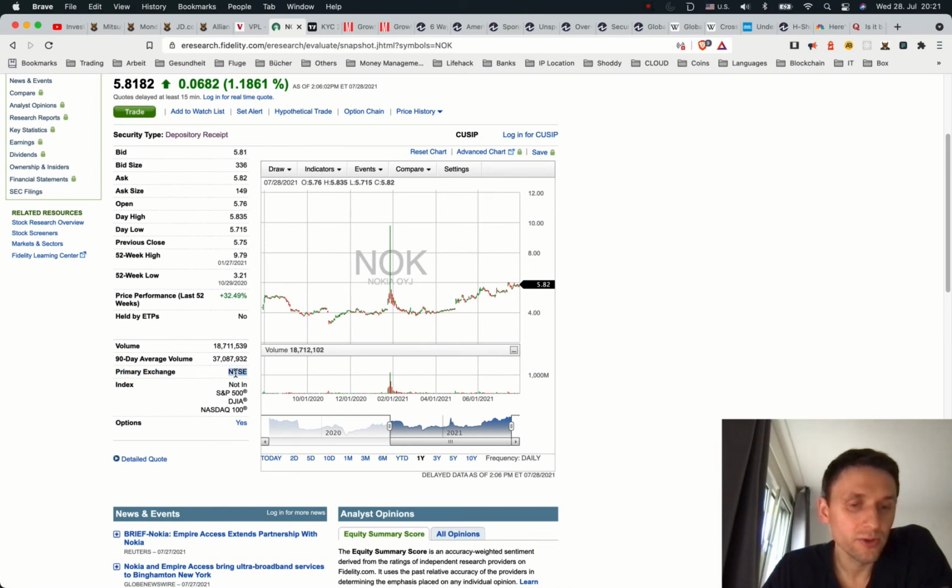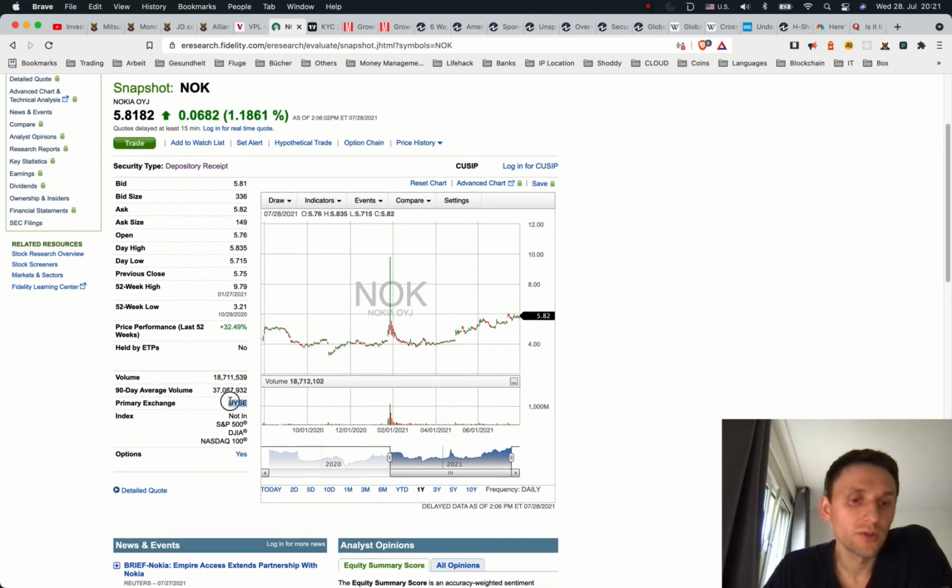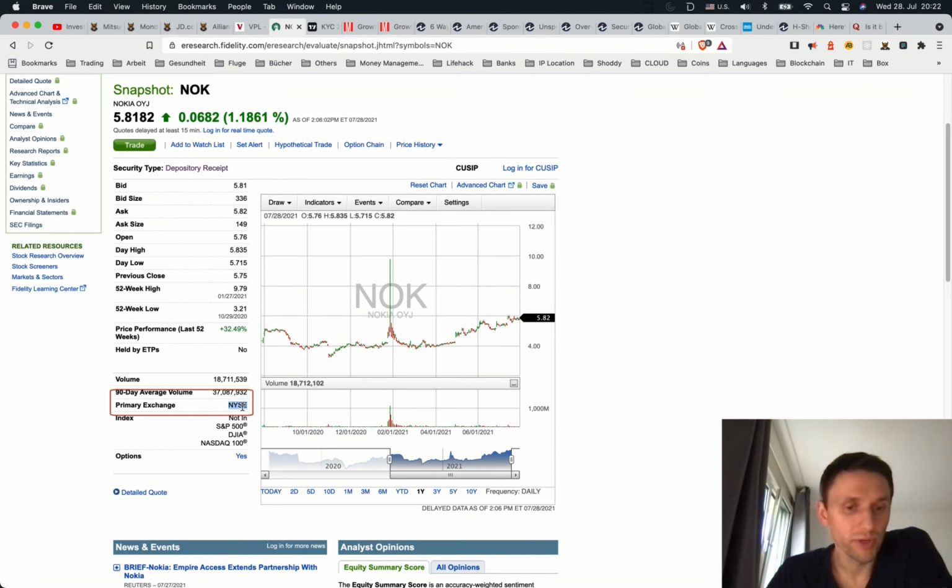So it's New York Stock Exchange. We already know that to be listed on a centralized stock exchange in the United States, an ADR needs to be at least of level 2 or 3. So it means this ADR is traded on New York Stock Exchange with level 2 or 3.